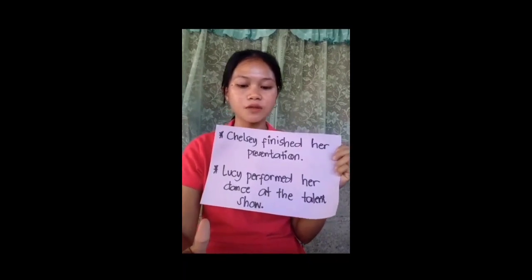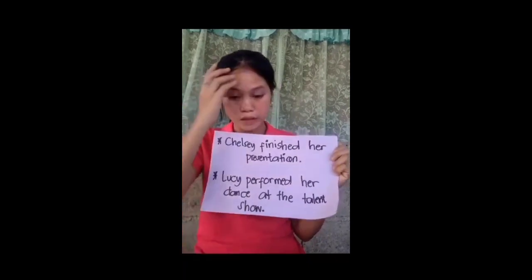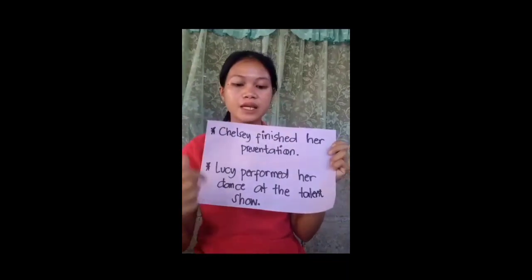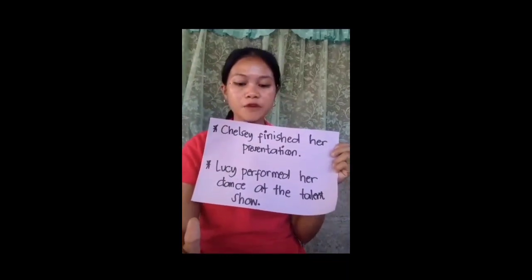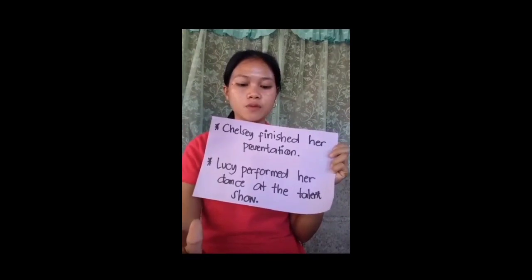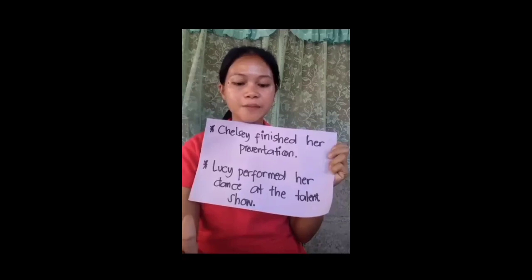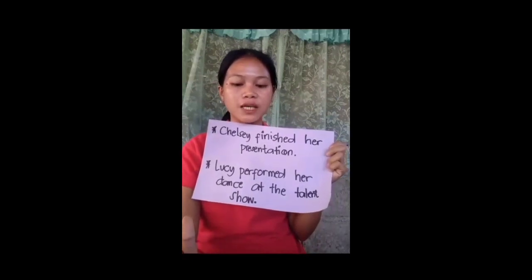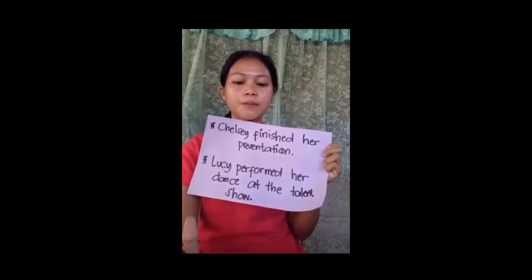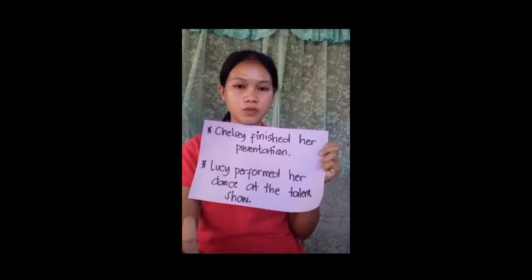Another example: Lucy performed her dance at the talent show. In this sentence, her is the pronoun referring back to the noun Lucy, and Lucy is the antecedent that the pronoun her refers back to. Another example: He went to the store and bought some apples and strawberries.